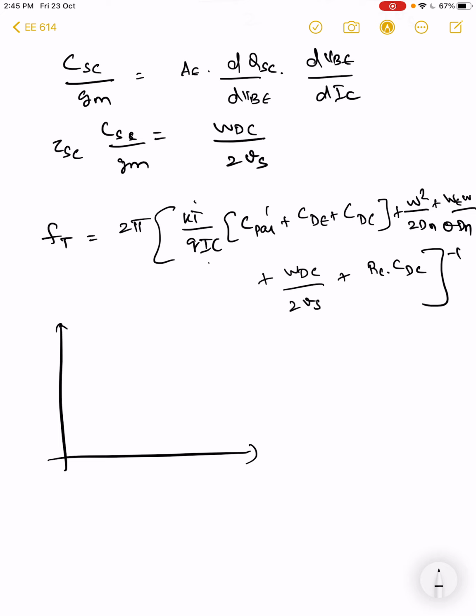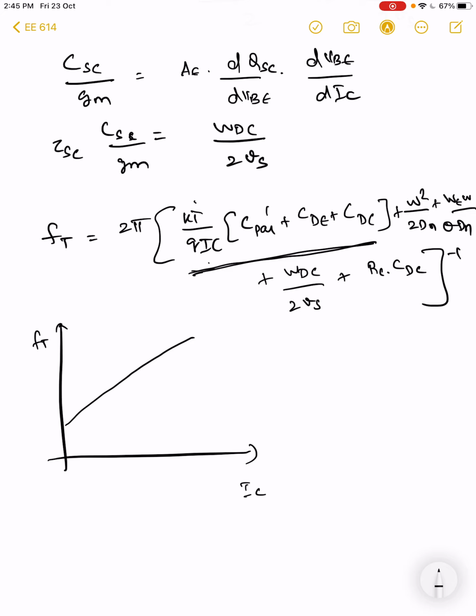Your FT, that is the cutoff frequency, also has a relationship with IC, and it will rise as your IC increases, because you can see that you have this component which is independent of IC, basically this is the dependence with the GM, right? So as IC increases, your GM also increases.